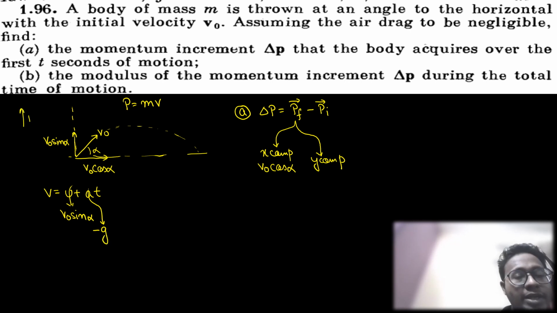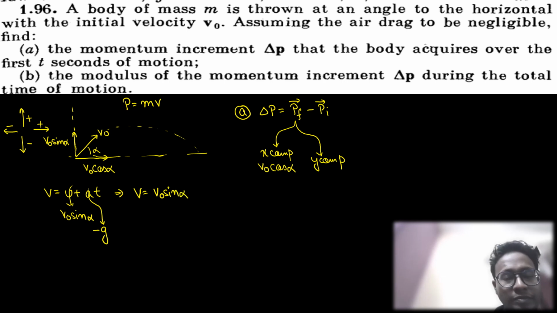While doing any vector calculations, always assign the coordinate system. And t. So v is equal to v naught sin alpha minus gt.